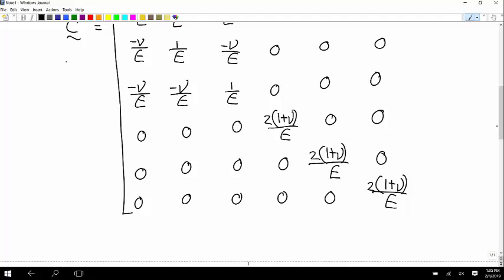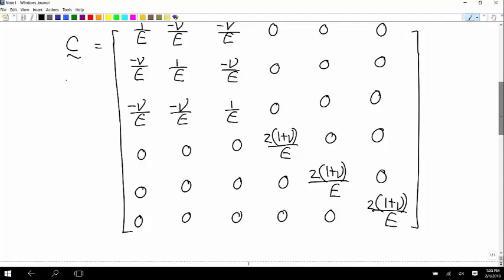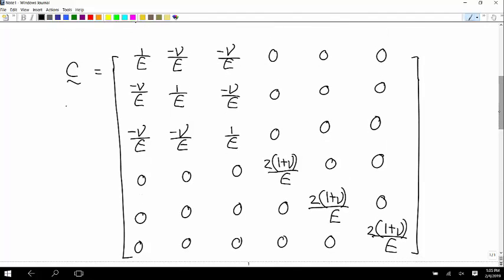And one of the questions in the homework that I assigned, like, I don't know, this morning or last night, way too late, was: you use this matrix if you know the stresses, and then you multiply the Voigt stress by this, and you get the Voigt strain out as the output.